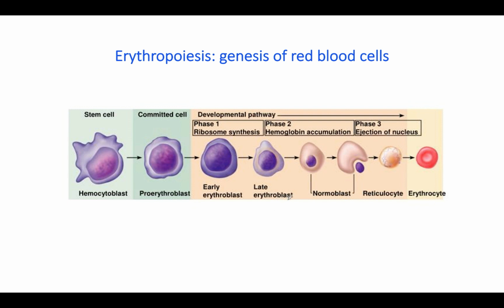When you look at late erythroblast, hemoglobin is filled in the cell, then the nucleus is kicked out of the cell to form reticulocyte. And reticulocyte does not have a nucleus.